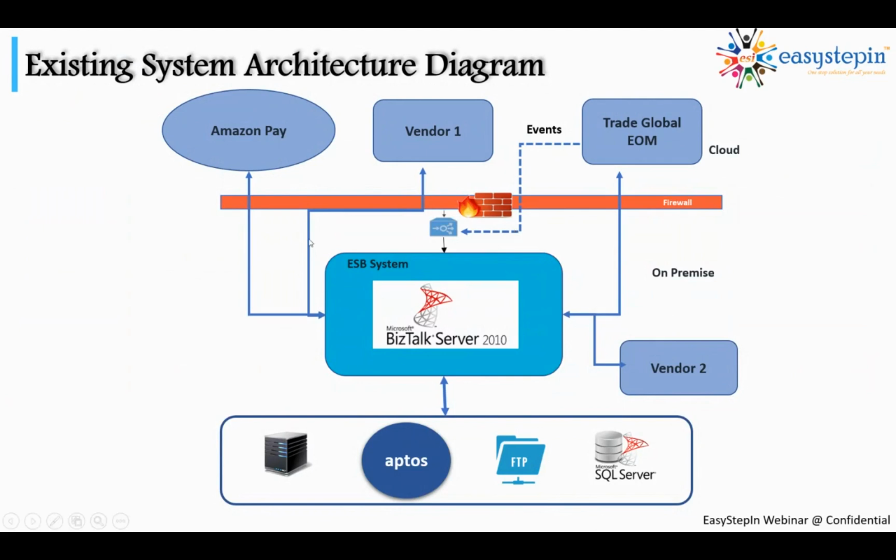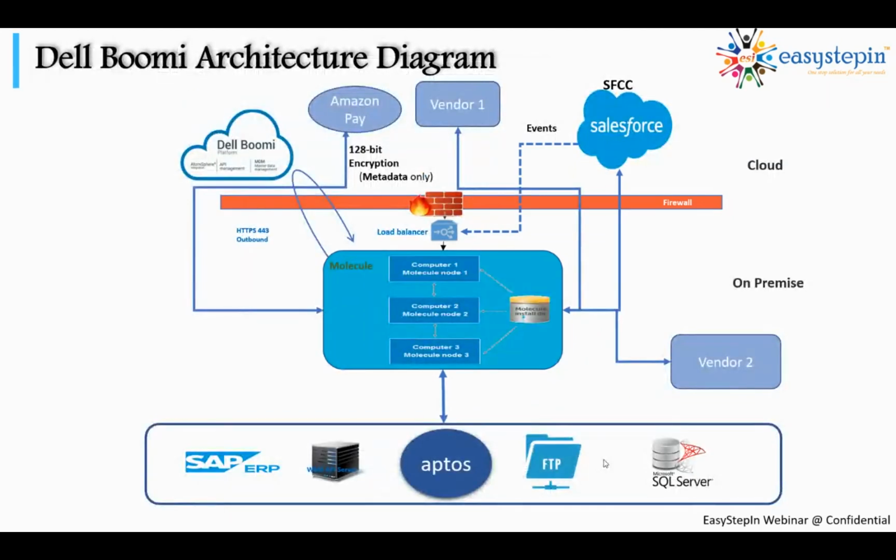And integrating with multiple payment gateways, for example, Amazon Pay, etc. Those were complex. And as I know, they had good connectivity for the on-premise applications, but exception handling was not done. So this is the existing system architecture.